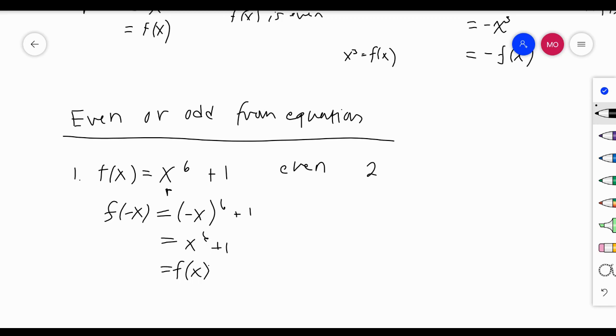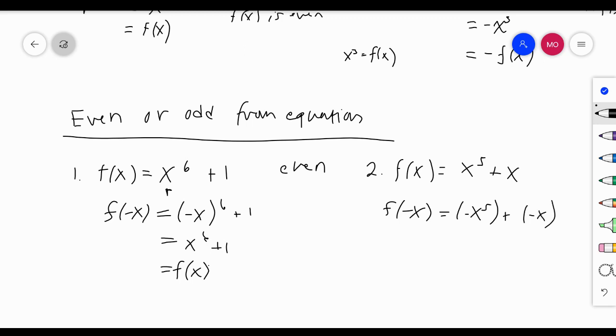Second example, if I had x to the power of 5 plus x. Again, you start off with f of minus x. You get minus x to the power of 5 plus minus x. Let's take care of our negatives. This bracket should be like that.